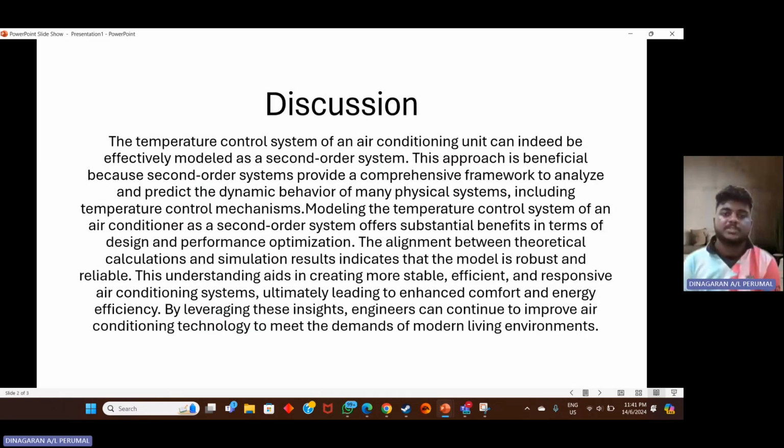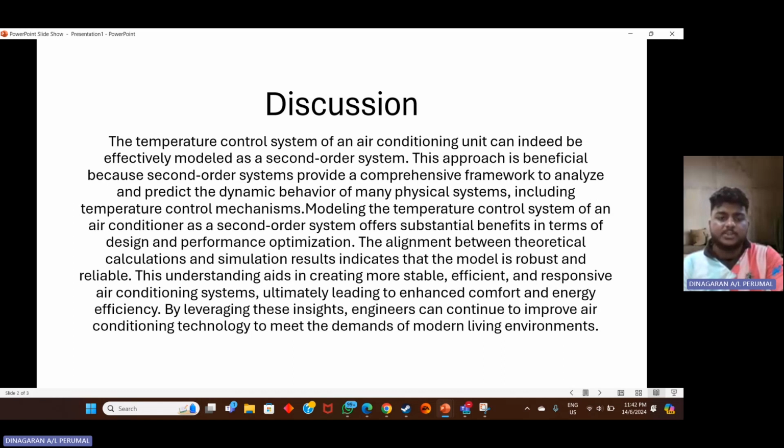For the temperature control system of an air conditioning unit can indeed be effectively modeled as a second order system, and this approach is beneficial because second order system provides a comprehensive framework to analyze and predict the dynamic behavior of many physical systems, including temperature control mechanism and modeling the temperature control system of an air conditioning. As a second order system offers substantial benefits in terms of design and performance optimization.